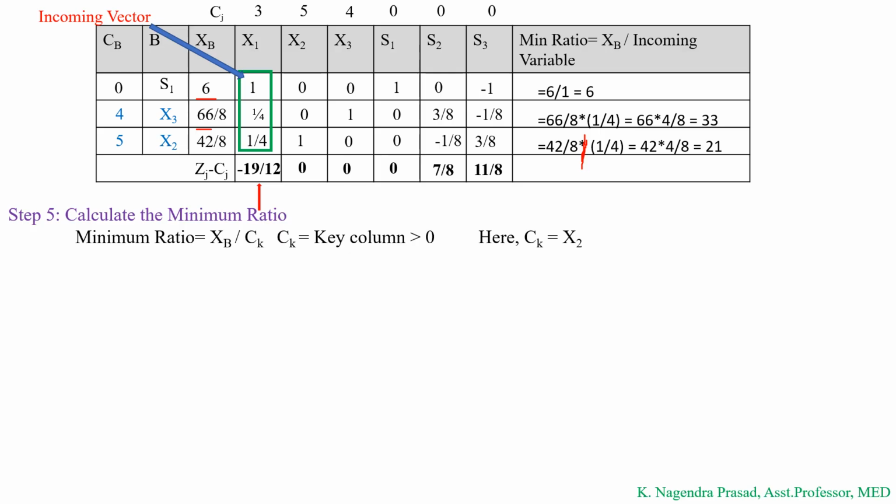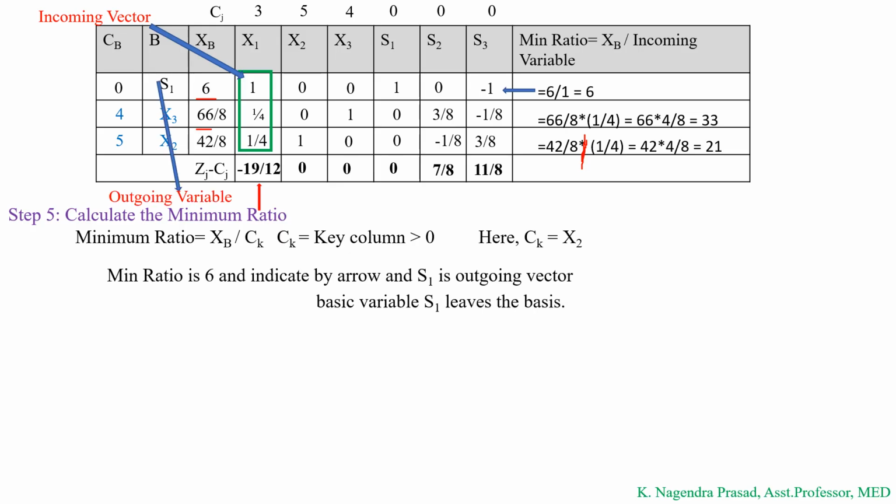So here among all the XB by CK values, the minimum value is 6. So the S1 row we call the key row, and here the S1 variable leaves the basis. So next we observe the common element of the key row and the key column. Here the common element is 1, and this 1 we call the key element.